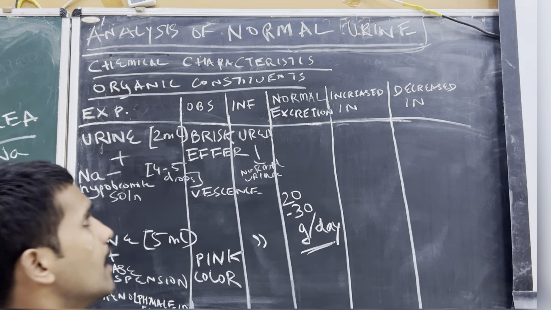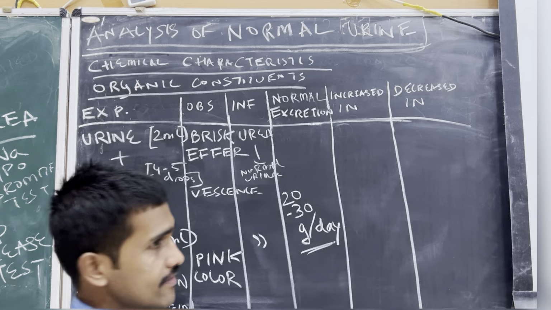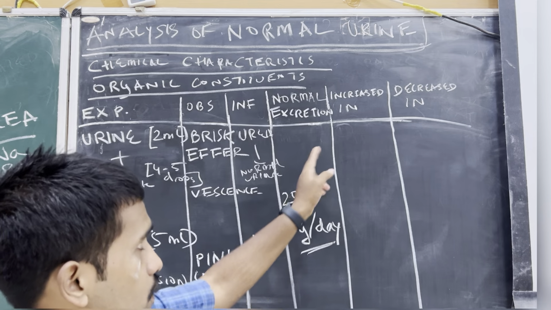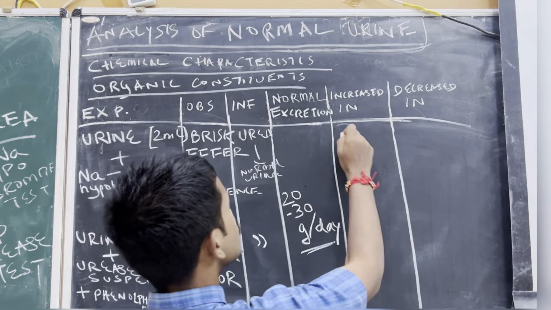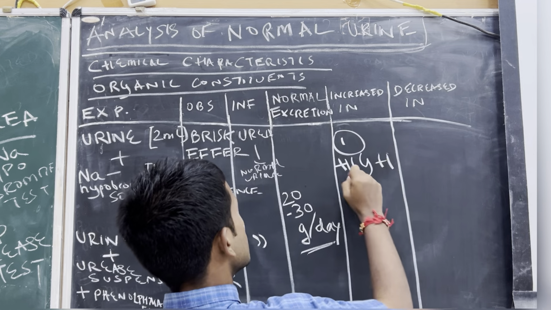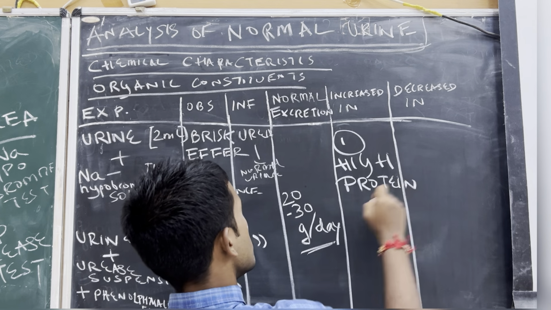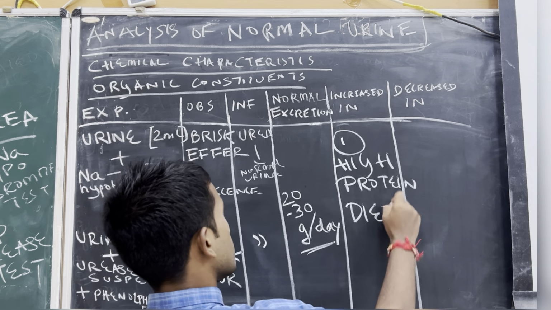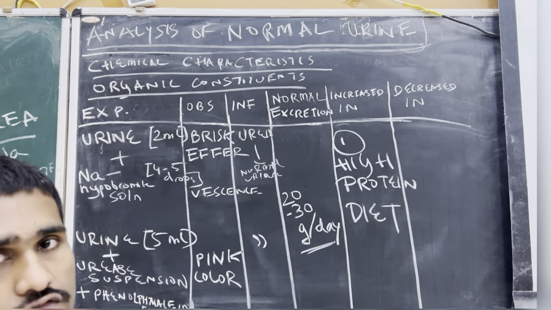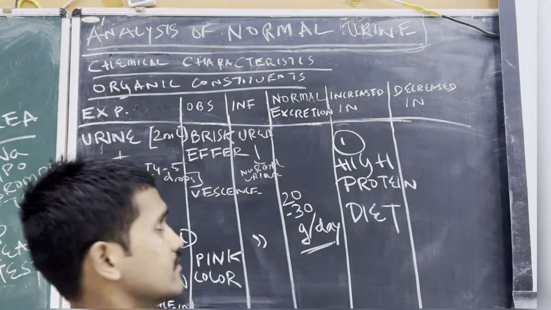So from there we can draw this inference. As urea excretion is dependent on the protein intake, it will be increased in a high protein diet. And in which conditions will it be decreased?